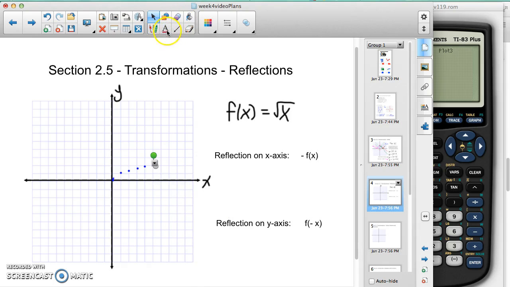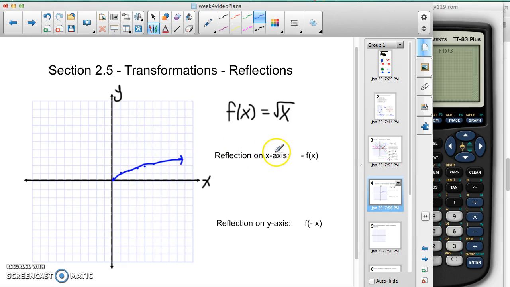So when we're looking at this graph, it would travel starting at 0 going to the right and upward. So it has one little piece to the right, which makes it easy if we want to reflect on an axis. We would flip over this line of reflection, the x-axis or the y-axis.